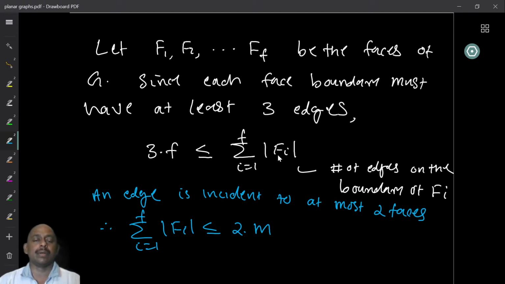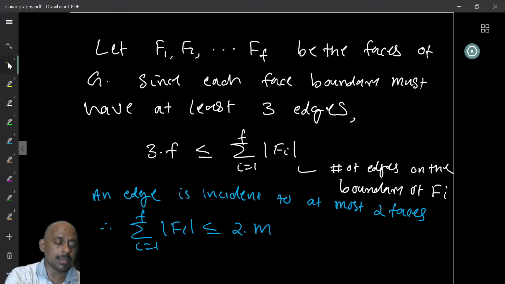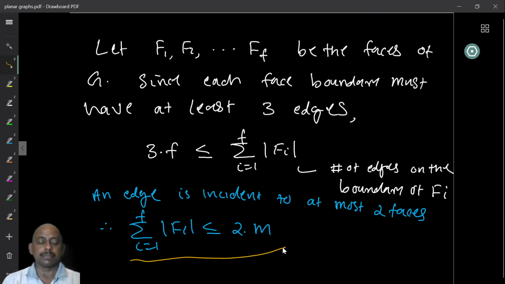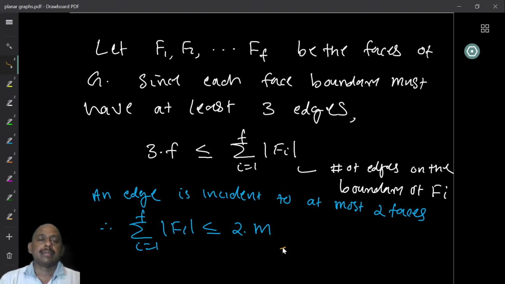The length of the boundary of a face is basically the number of edges. Therefore, since an edge cannot be counted more than twice, the summation of the lengths of fi is less than or equal to 2 times m, twice the number of edges.